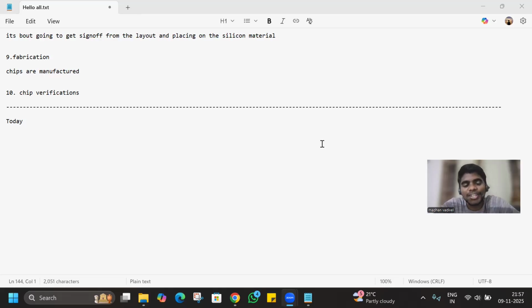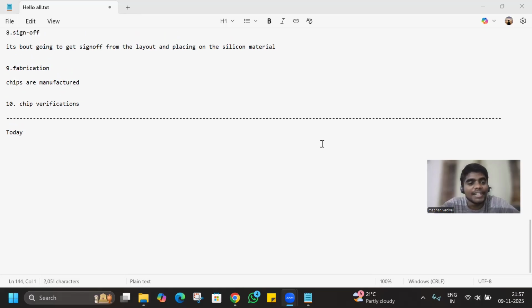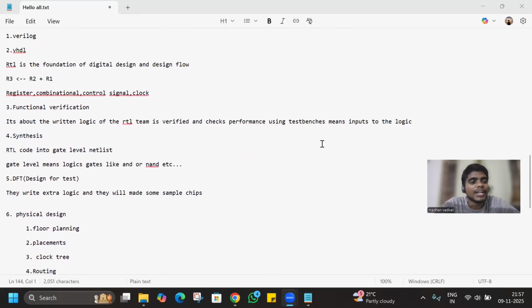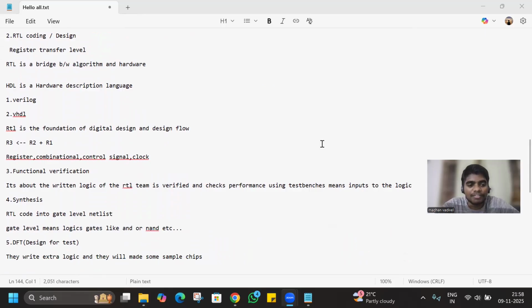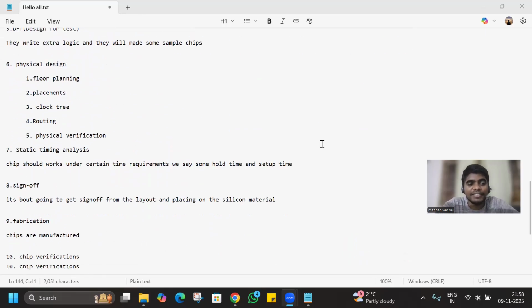Today we are going to see what the domains in the VLSI industry are. Previously we had discussed the VLSI design flow: specifications, RTL coding and functional verification, DFT, physical design, STA, sign off and fabrication.